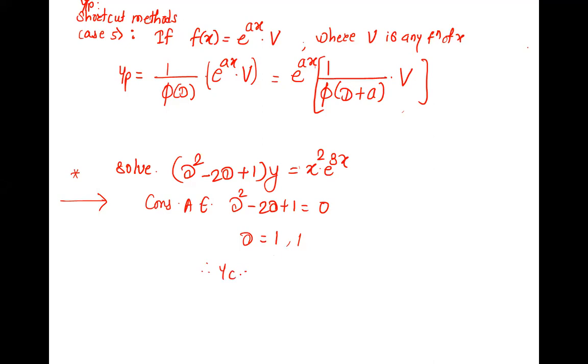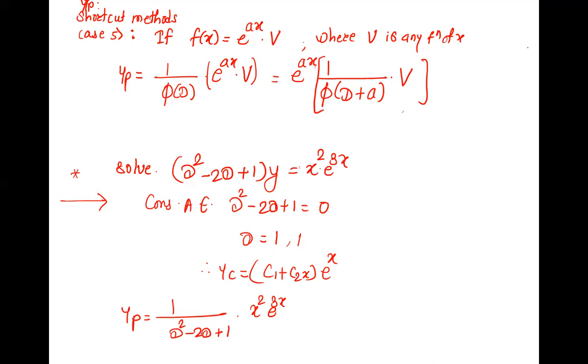Therefore YC is (C1 plus C2 x) into e raised to 1x. Correct. Now YP is 1 upon D square minus 2D plus 1 into x square e raised to 3x.